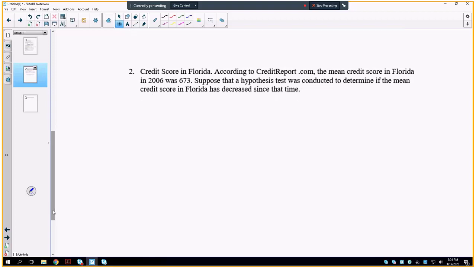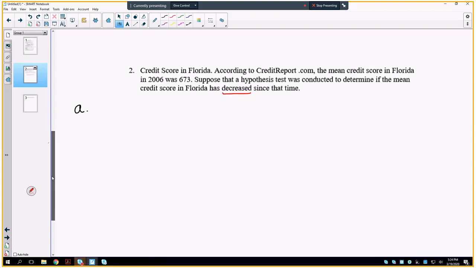Credit scores in Florida. According to creditreport.com, the mean credit score in Florida in 2006 was 673. Suppose that a hypothesis test was conducted to determine if the mean credit score in Florida has decreased since that time. So our strategy was to read the problem and to try to identify some keywords. So I think that this word decreased is going to be pretty important because that might tell us which type of test we're doing, right-tailed, left-tailed, or two-tailed.